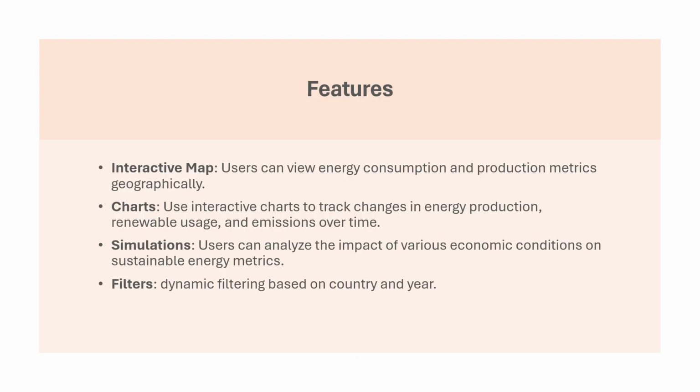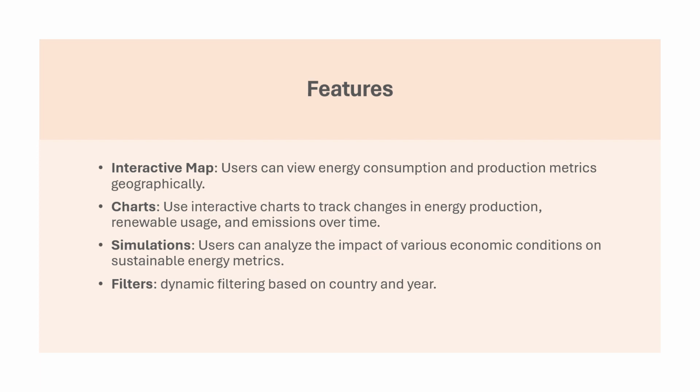As for features, I have an interactive map where users can view energy consumption geographically, and for charts, I have various line and bar graphs where users can track changes in energy production, the usage of renewable energy, and the emissions released by each country over time.